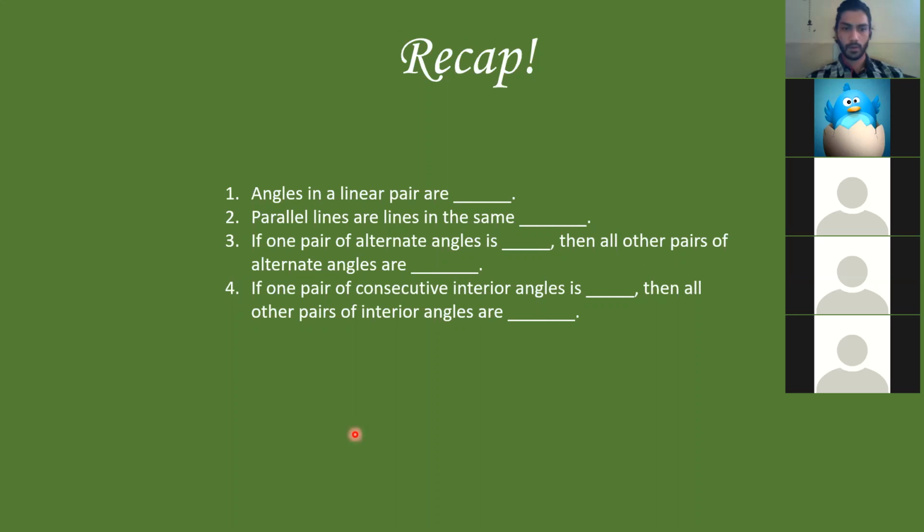Karan, are you there? Okay, Kimaya, can you go ahead and answer the fourth question? Yes, Bhaiya. If one pair of consecutive interior angles is equal, then all other pairs of interior angles are equal.